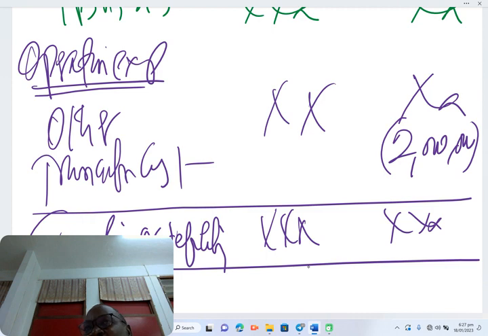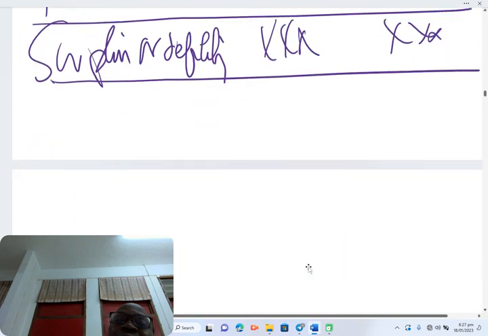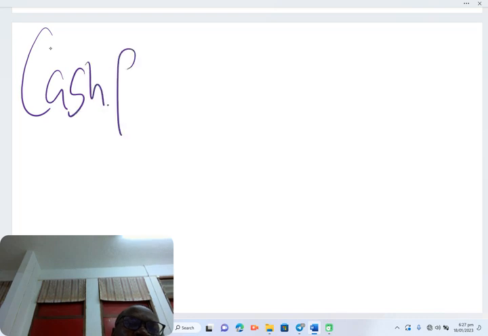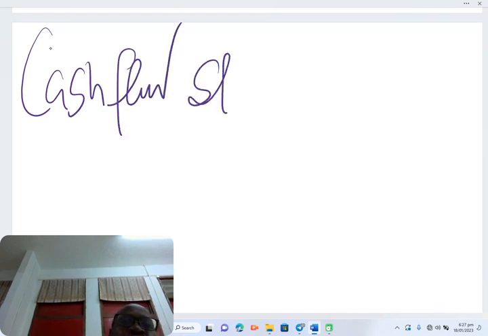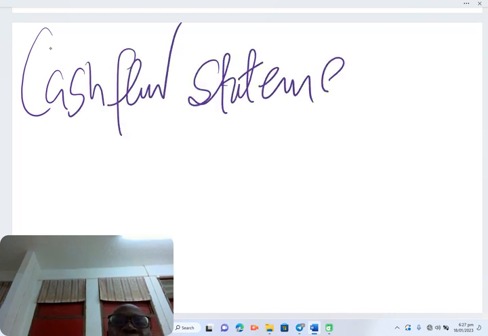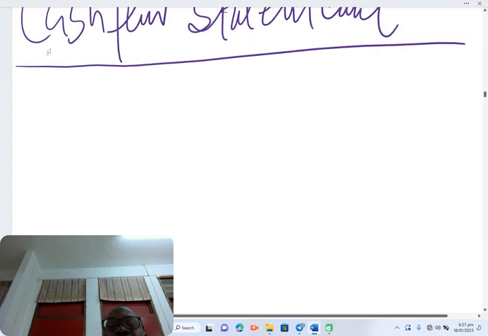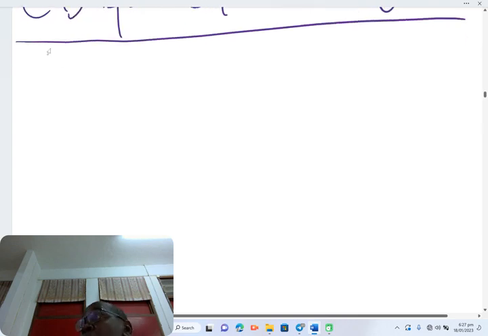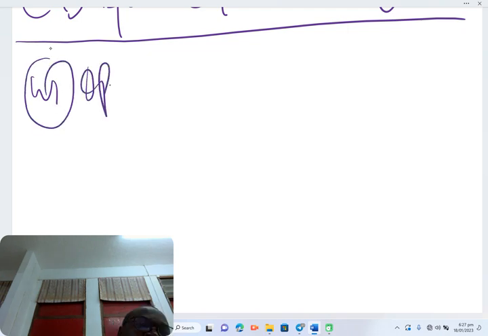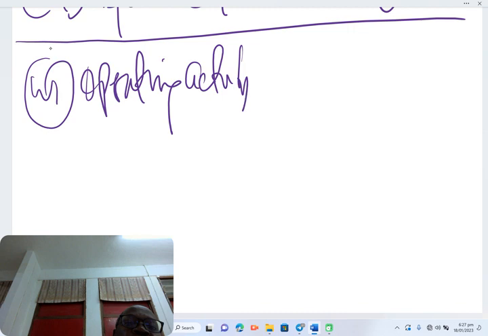these are the key issues. Now, what is the extract of cash flow? Cash flow statements have 3 activities. Number 1, operating activities.